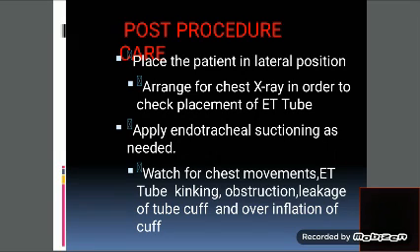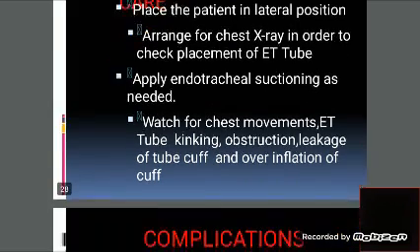In the post procedure, place the patient in lateral position and arrange for a chest x-ray in order to check placement of the tube. Then apply endotracheal suction as needed. Watch for chest movement, ET tube kinking, obstruction, leakage of tube cuff, and overinflation of cuff.